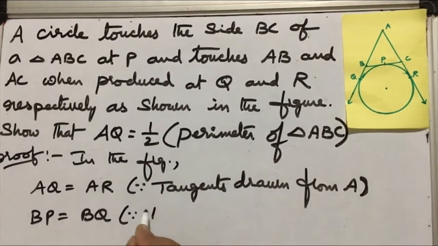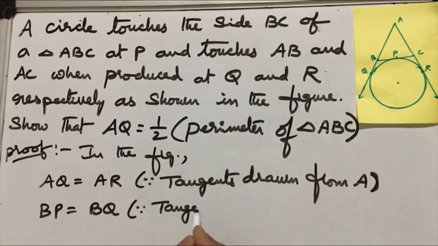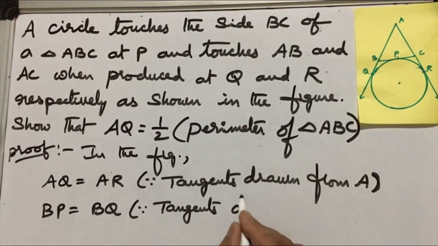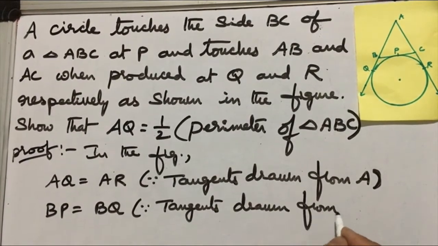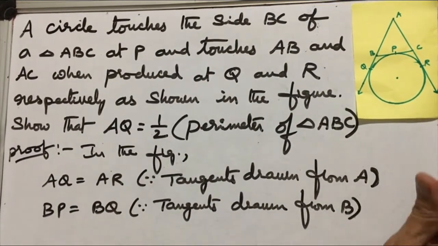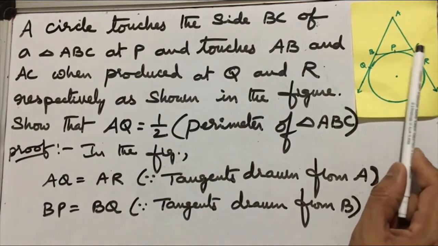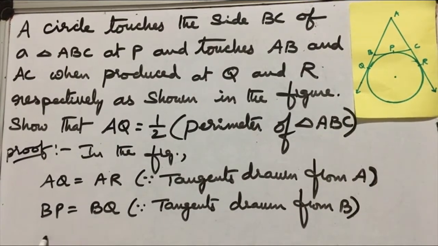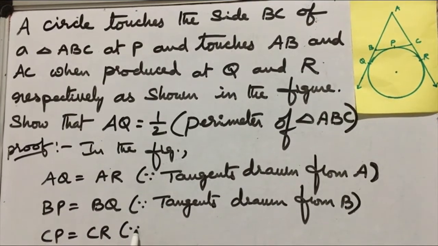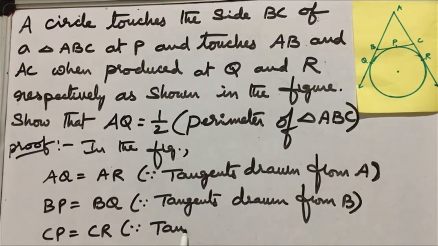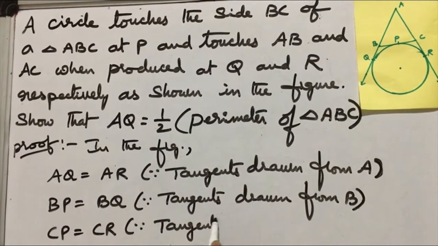The reason is they are tangents drawn from B. Coming to letter C, you see CP is equal to CR. The reason is they are the tangents drawn from C.